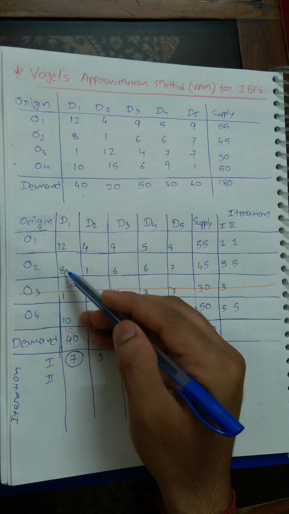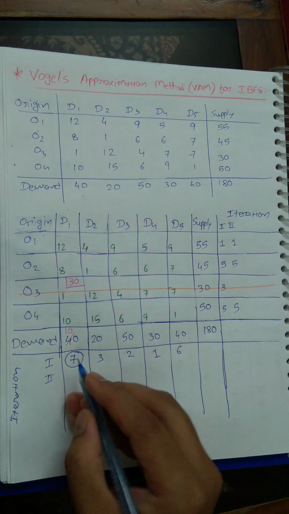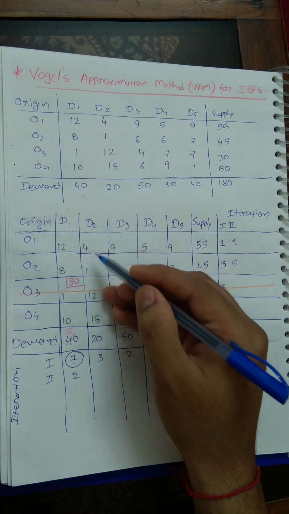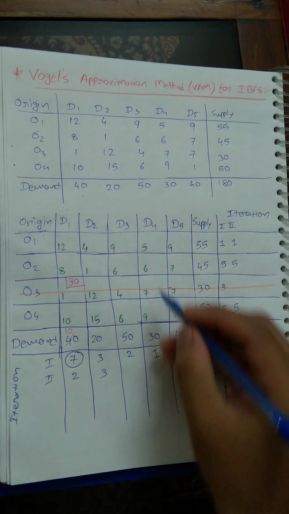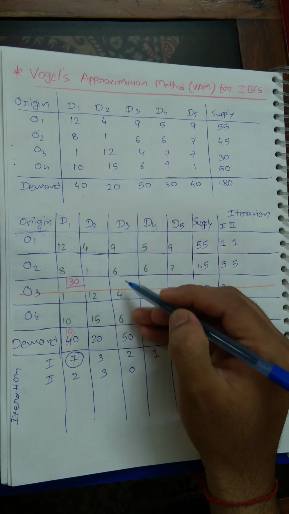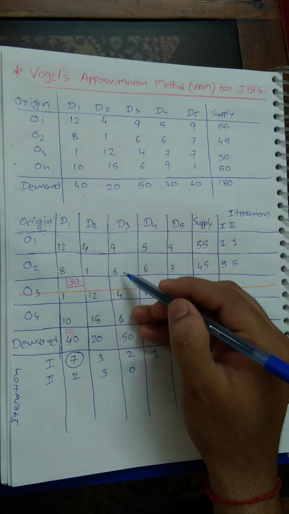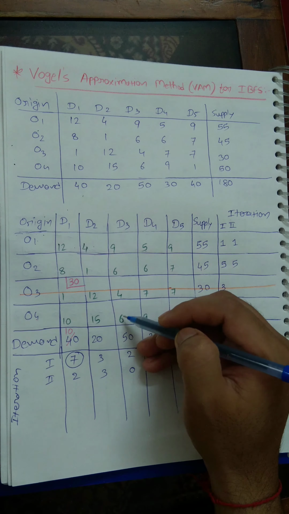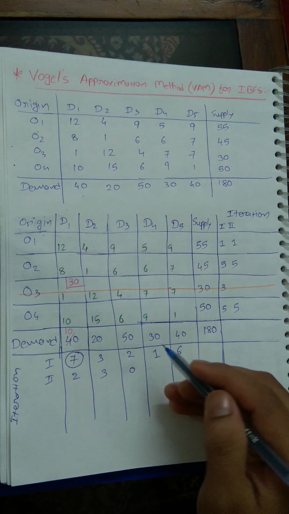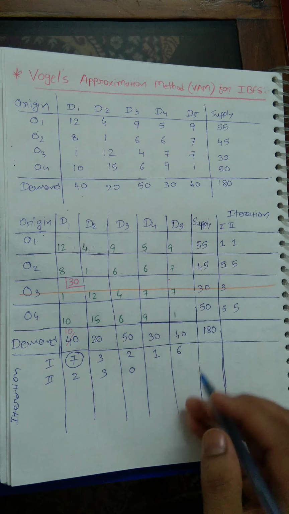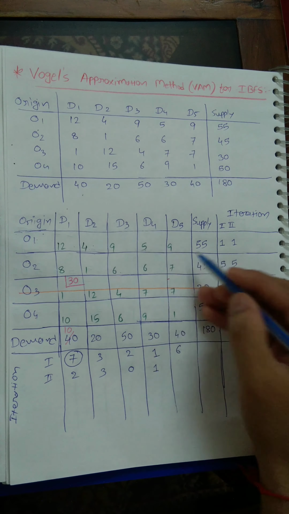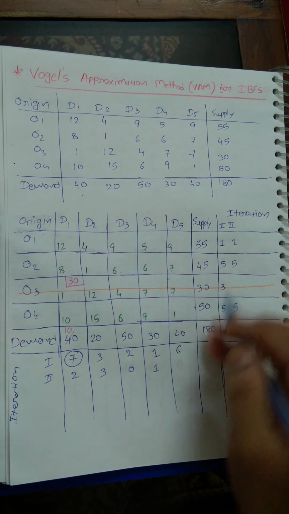For column D2, 1 and 4 are the two least costs, so 3. For the D3 column, you can see 6 and 6. There is a tie between the two least costs, so the difference is 0. Please keep this in mind: it won't be 9 minus 6 equal to 3. For the fourth column, 6 minus 5, 1. For the D5 column, 7 minus 1, 6.